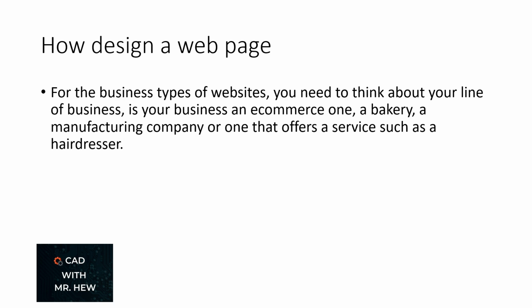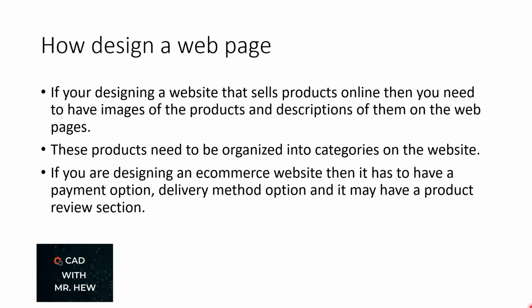For the business types of websites, you need to think about your line of business. Is your business an e-commerce one, a bakery, a manufacturing company, or one that offers a service such as a hairdresser? If you are designing a website that sells products online, then you need to have images of the products and the descriptions of them on the web pages.